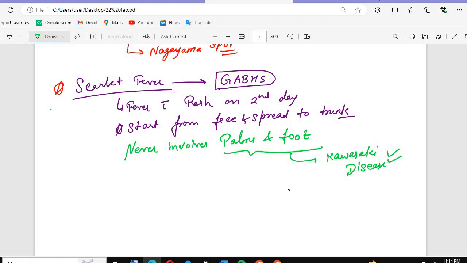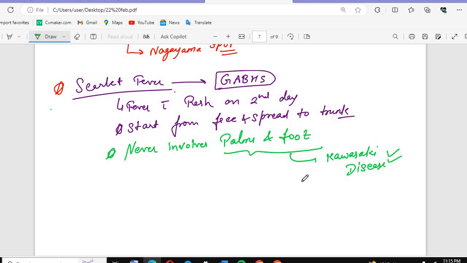In that condition, hand, foot, and mouth will be involved. That we will not study, but just for a quick note, in hand, foot, mouth disease we also have centrifugal distribution. I know that you know everything. You are good students. Scarlet fever never involves the palms and soles.